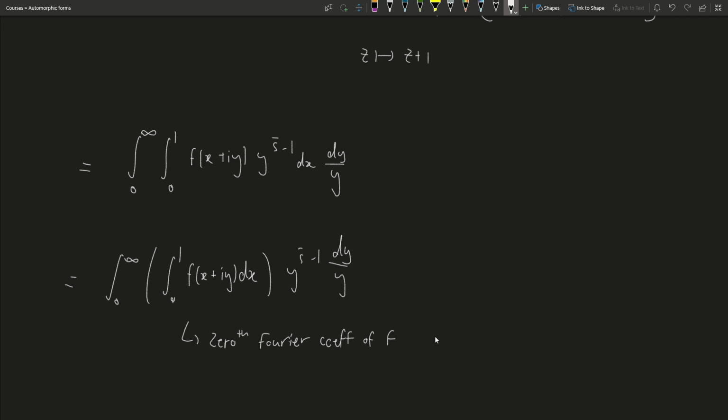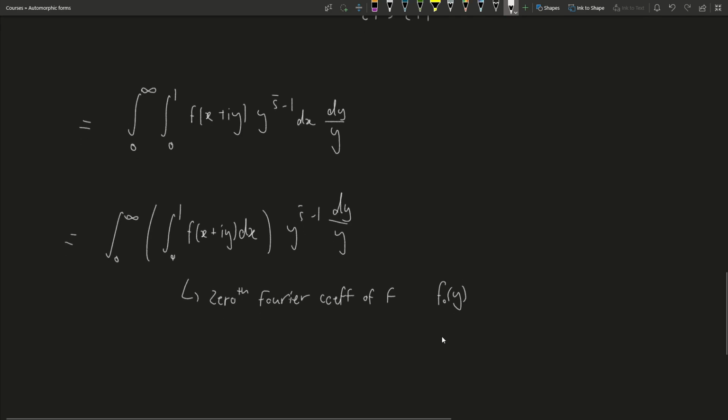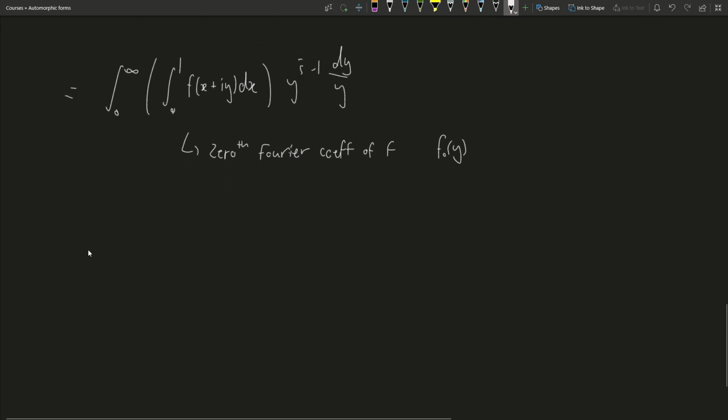And I'm going to call this f_0(y). So also, you can call this the constant term of f. So this ends up being equal to the integral 0 to infinity of f_0(y) y^(s̄-1) dy over y.